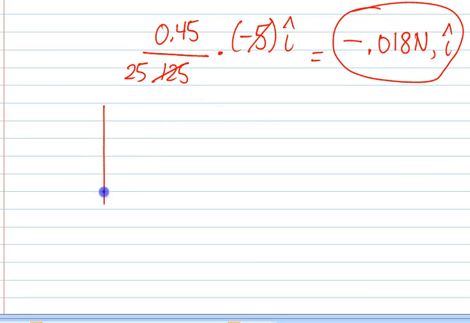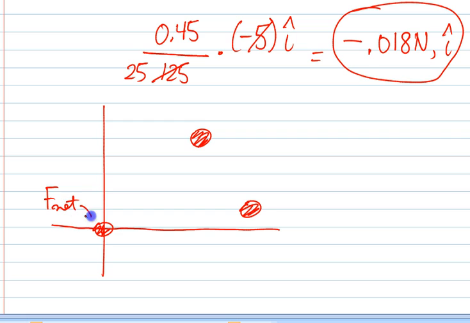Now, a bit later on, I'm going to do another optional video, and hopefully you'll see the power of it when we have a situation like this. Here's one charge, and here's another charge, and here's a third. How do I find the net force on this guy? So if this is charge 1, charge 2, and charge 3, we want to find the net force on charge 1.